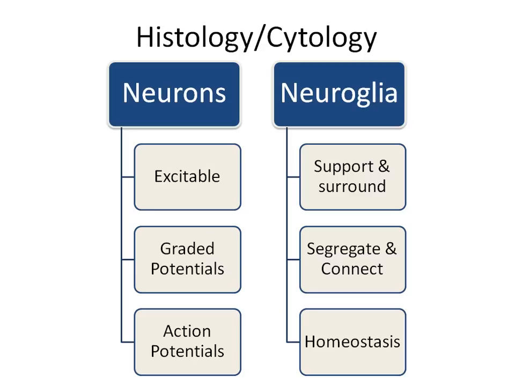Now, because neurons are so special, because they're electrically active, their needs are great. So they need this other population of cells to support them, surround them, connect them, prevent them from touching each other, and to help them maintain homeostasis by regulating their environment. That's the role of neuroglia.